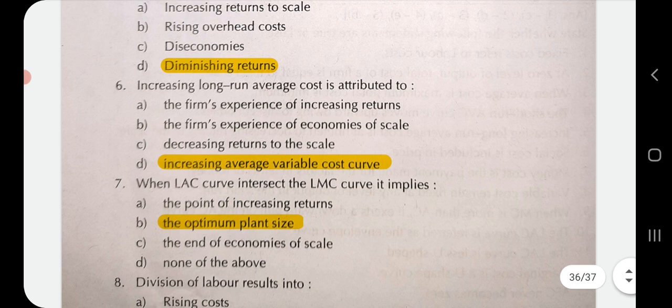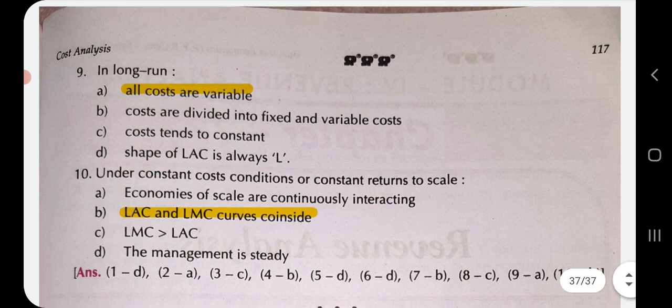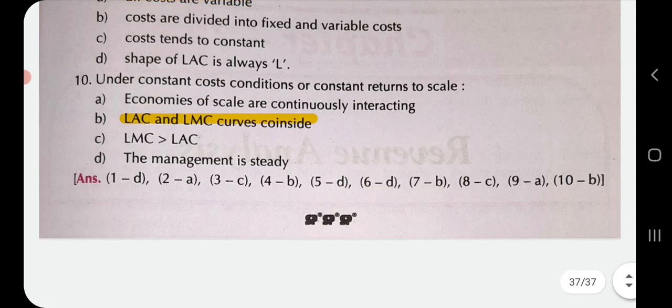Okay, D is the correct answer of sixth question. Ninth question, in the long run, correct answer is A, all costs are variable, all factors are variable, so therefore all costs are variable.